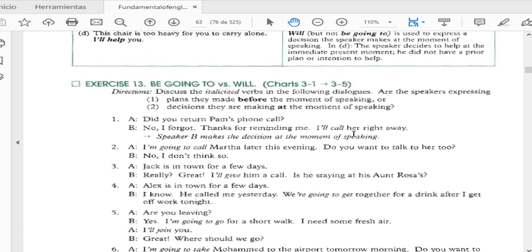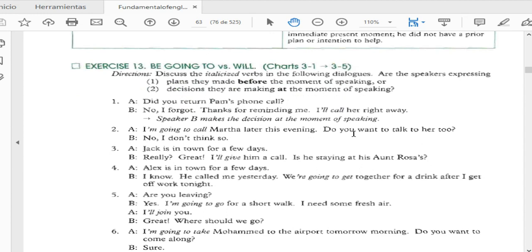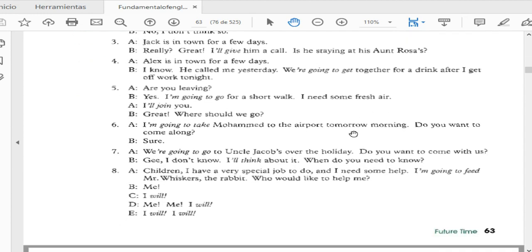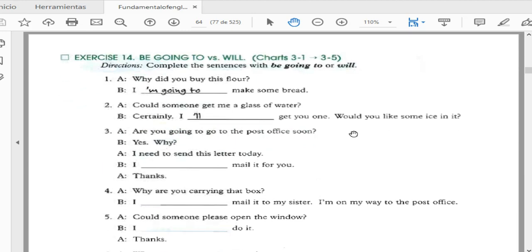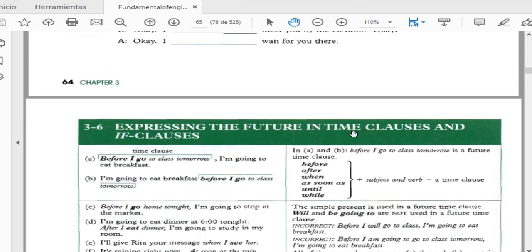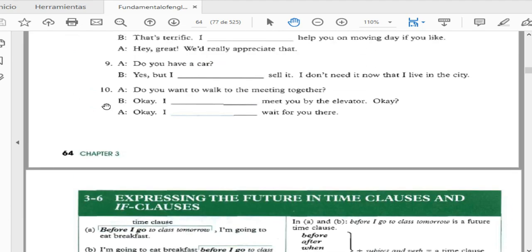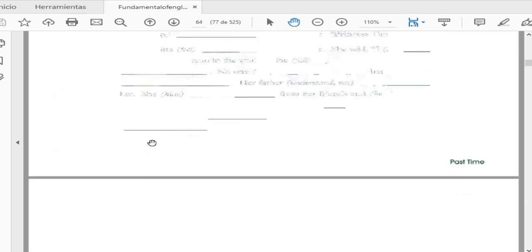Do it. Remember, this is not going to be for grade, but it is for your convenience, for your learning, people. So people, let's stop here. Okay, till page 64.